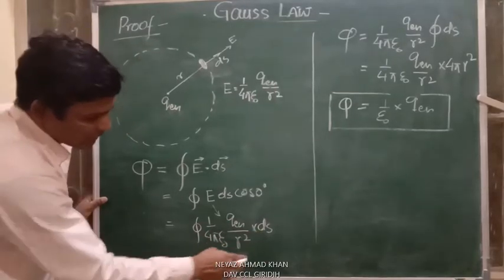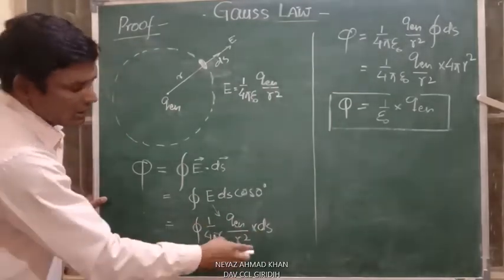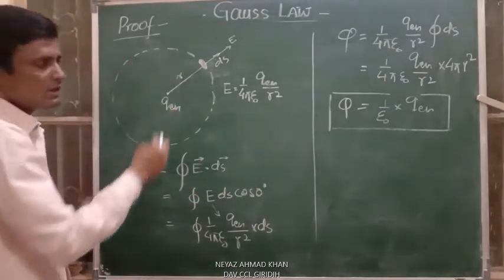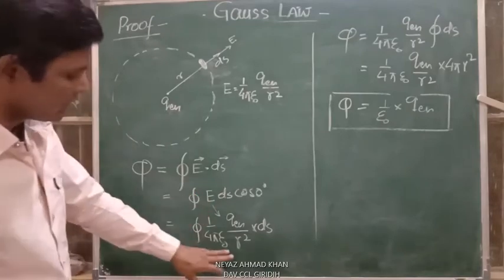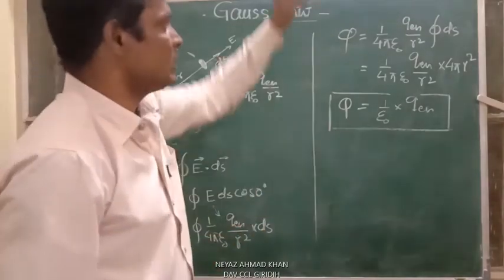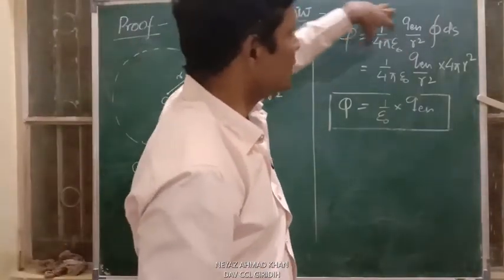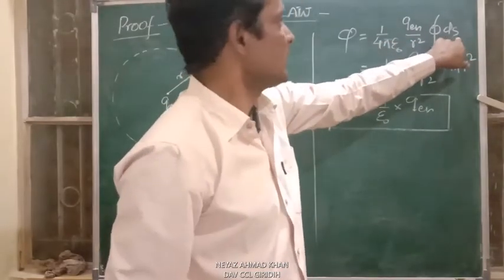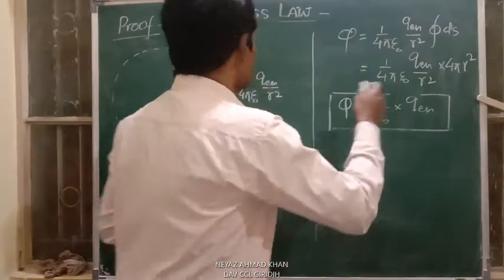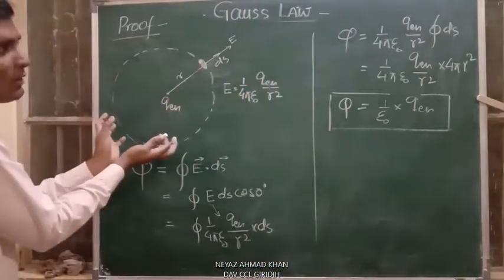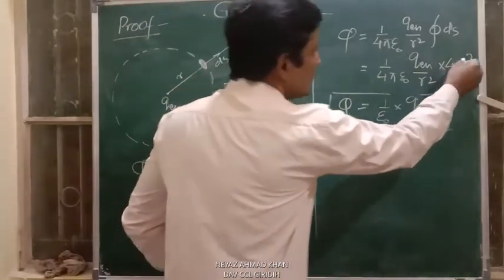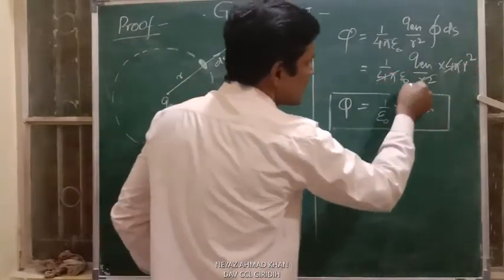These things do not depend on the integration and will be the same at every point of the surface, because the distance is the same and the charge is the same, so these are constant quantities. So they are taken out of the integration, and the total surface area should be integrated. The total surface area of this sphere, we know, is 4 pi r square, and 4 pi r square cancels out.